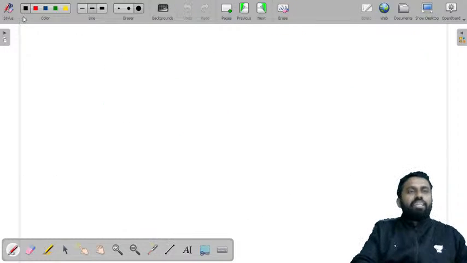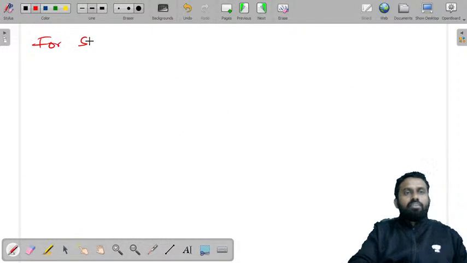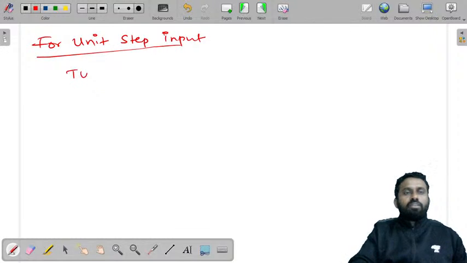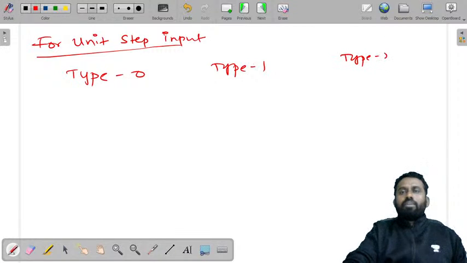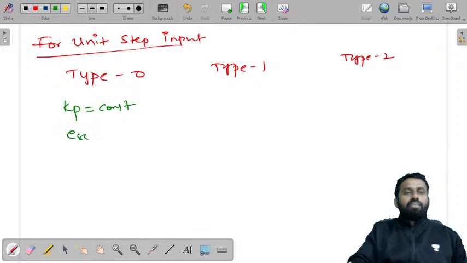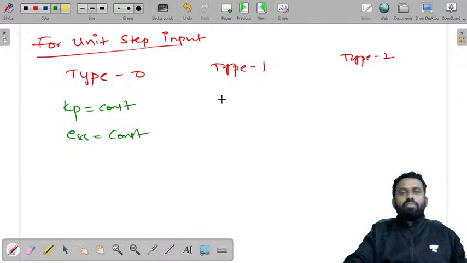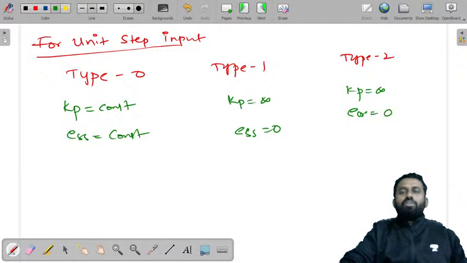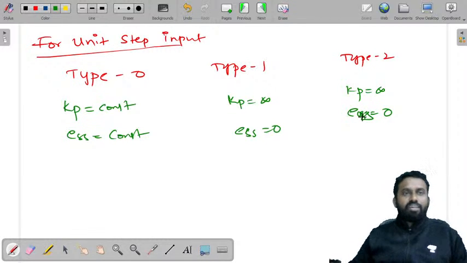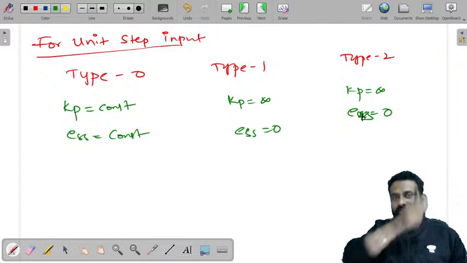So you can say finally, for unit step input, for type 0, Kp is constant and ESS is also constant. For type 1 and type 2, Kp is equal to infinity and ESS is equal to 0. This is for unit step input for different types.